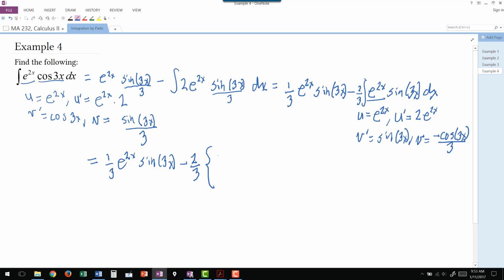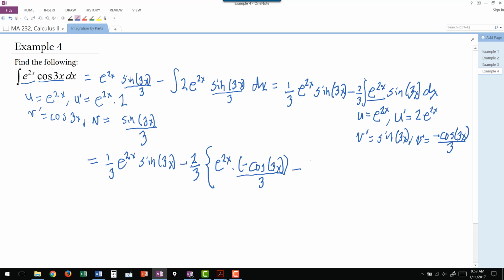So my new u times v will give me e to the 2x times minus cosine 3x all over 3.